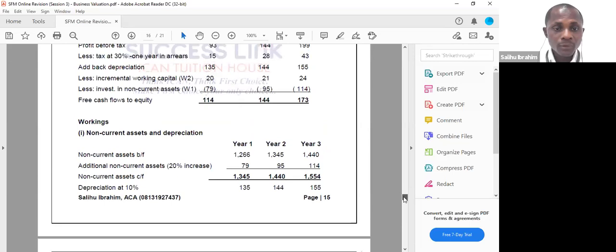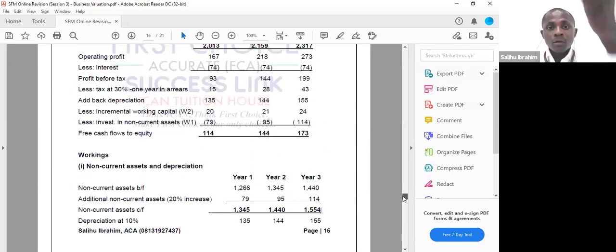Free cash flow year 1 to 3. Mrs. Modupe, I hope it's not that I did not make the Sunday I asked you to do yesterday. 93 plus 15 plus 135, minus 20, minus 79, is 144.